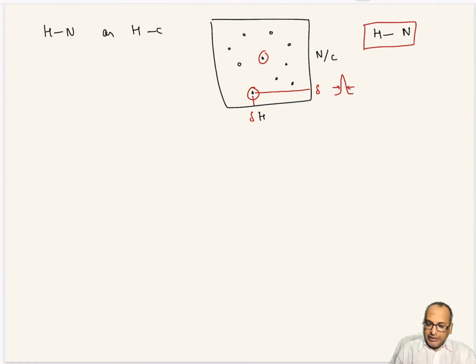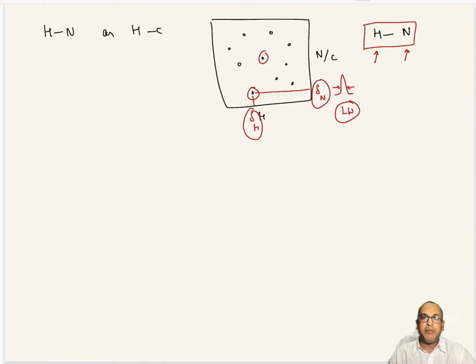So these delta values, delta H, delta N, and the line width, these are the three parameters which are defined by the local structural environment around these two nuclei. So if there is any change in this local structural environment, we can expect a change either in the line width or in the delta N or in the delta H or all three or any combination of these.